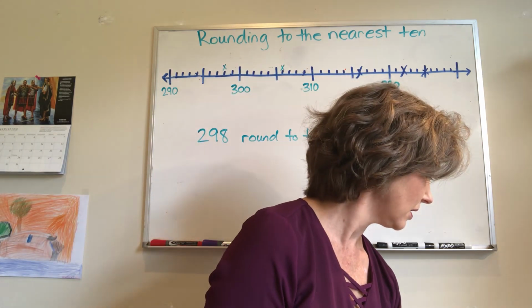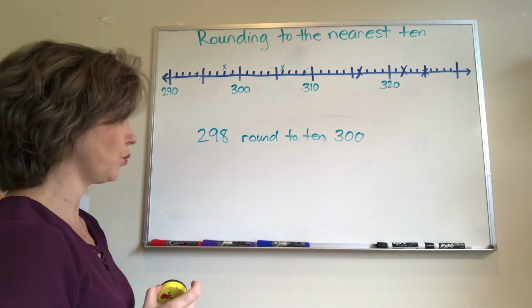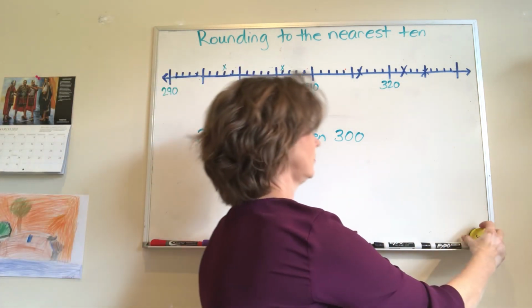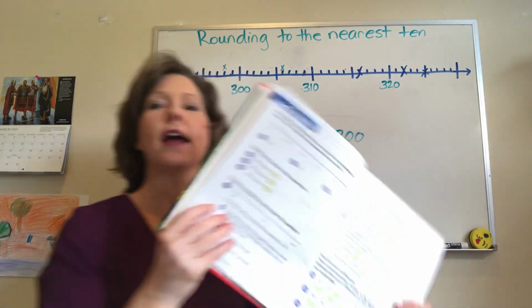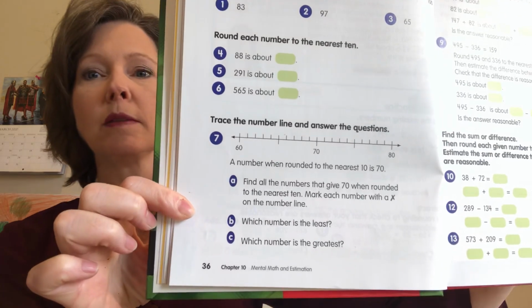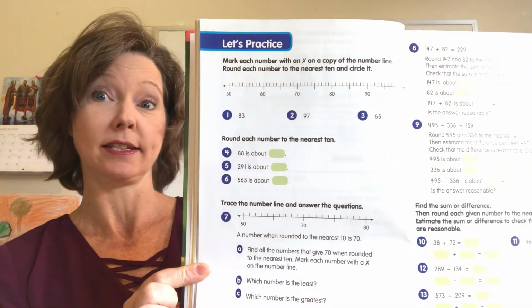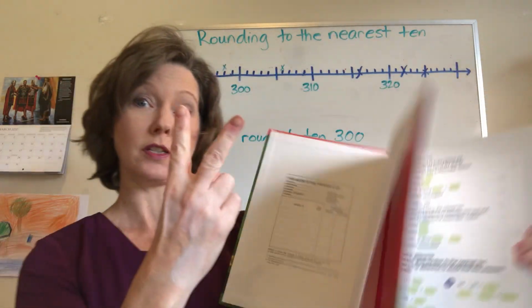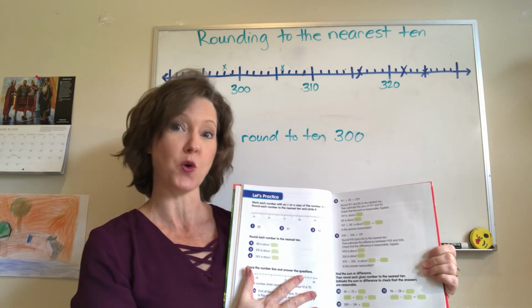All right? So I'm going to have you now take your book. You are going to turn to this Let's Practice page right here. It says Let's Practice. It is page 36. You are only going to do 36. You have 2 options. One option is to have your mom or dad make a copy of this page, just photocopy it.